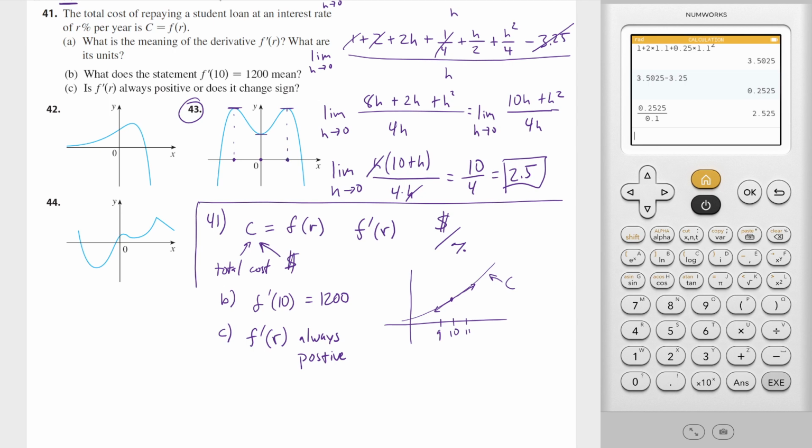Okay, so now on this interval, right here, the function is decreasing. It's going down. The slopes of the tangent lines are negative. So decreasing function, negative slopes mean negative values.